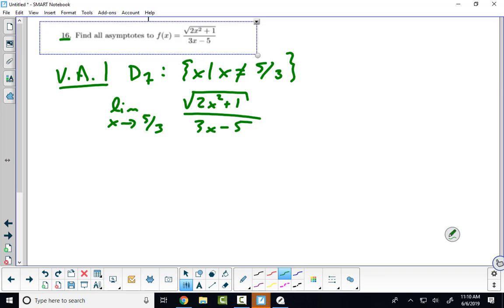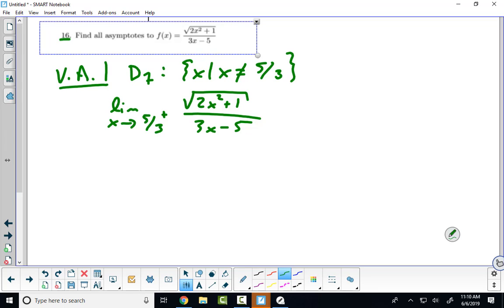What's my denominator approaching? 0. What's my numerator approaching? Some positive number, right? So this is a 2.4 question. Because the denominator is approaching 0, the numerator is approaching a positive number, I better pick a direction of approach.